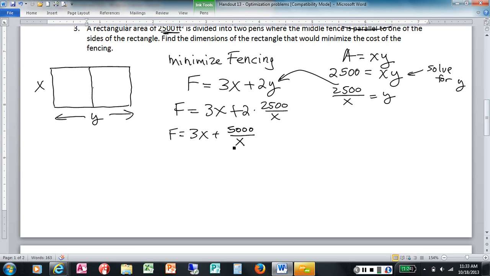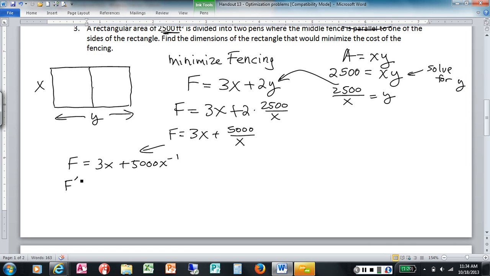So F equals 3x plus 5,000 x to the minus 1. Wouldn't that be the best way to go to get the derivative? Change 5,000 over x to 5,000 x to the minus 1. Okay? So we want to minimize that. Where does the minimum occur? Usually at a critical number, which is tied in with the derivative.